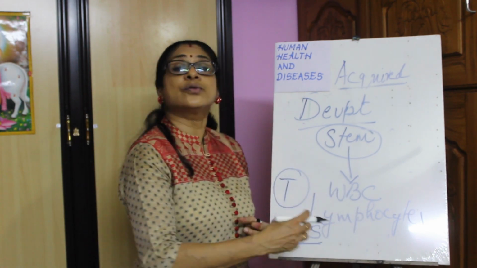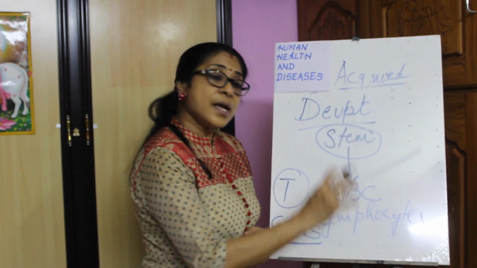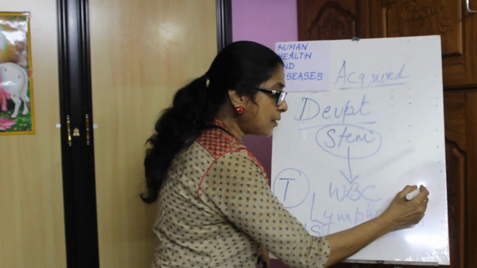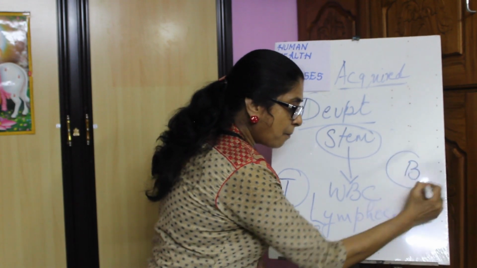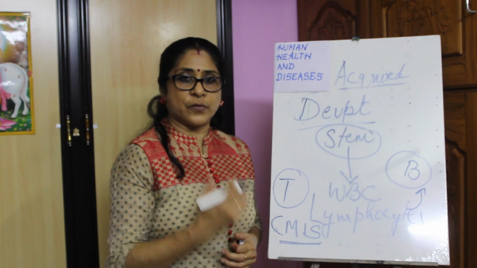Now what happens to the rest of the lymphocytes? The rest of the lymphocytes remain in the bone marrow, and within the bone marrow they modify themselves as B cells or the B lymphocytes.